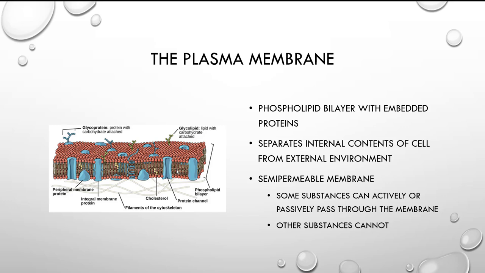We'll talk more about the specific structure of the plasma membrane in the next video. Okay, so for now, we know that it's a phospholipid bilayer embedded with proteins and other things. And it's semi-permeable, so it allows certain things to pass through, but not everything. All right, so that's our plasma membrane.